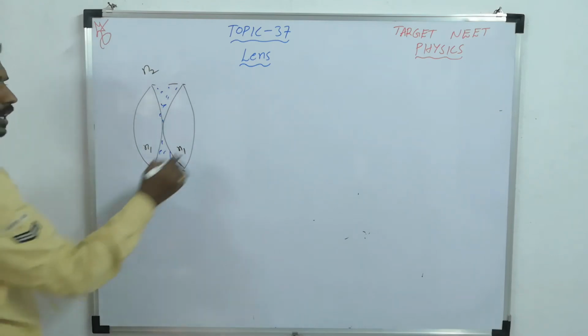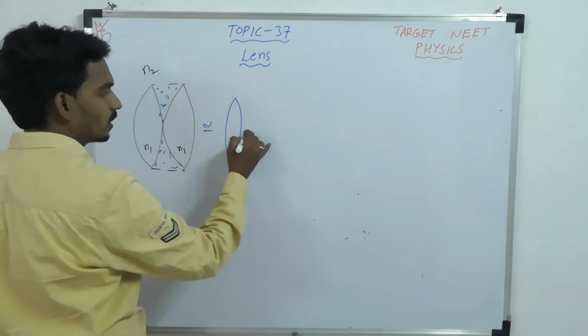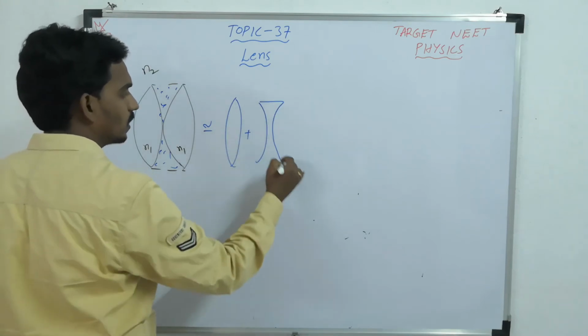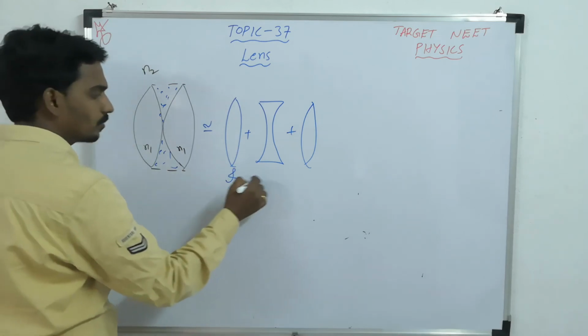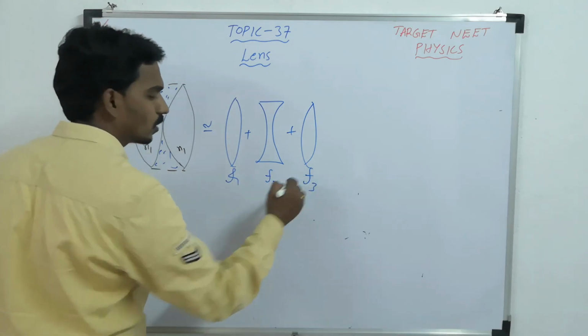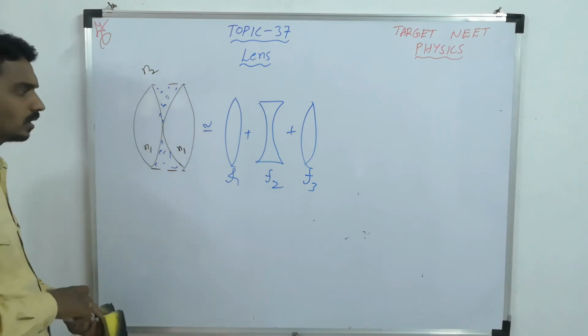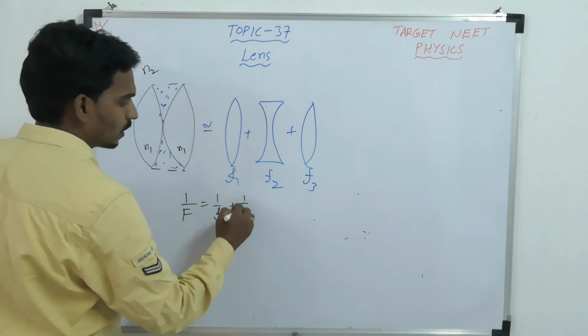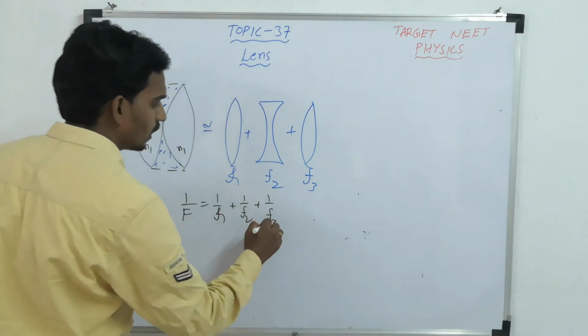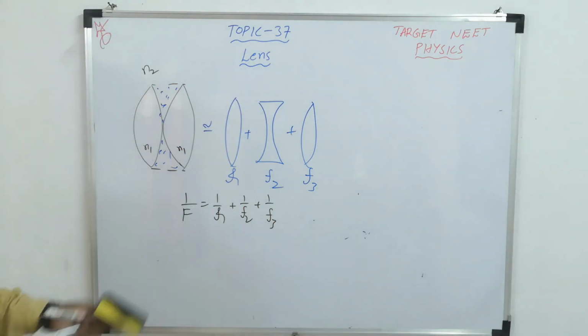Now it looks like the combination of one convex lens, one concave lens and one convex lens. And if you consider this focal length f1, this f2, this f3, then the resultant focal length is 1 by f1 plus 1 by f2 plus 1 by f3. So this is how you have to take.